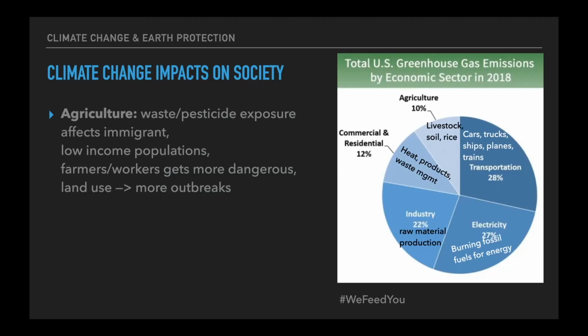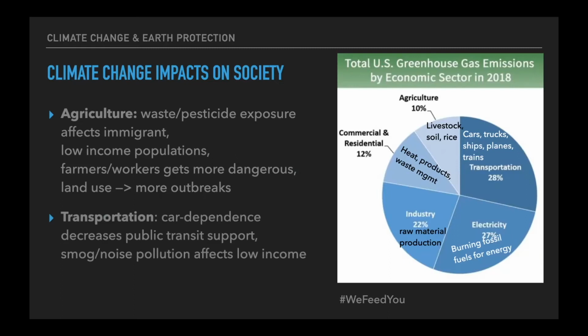And then we're also going to disrupt the sort of natural balance that minimizes disease and minimizes parasites. So we're going to see more and more impacts in that perspective as well.